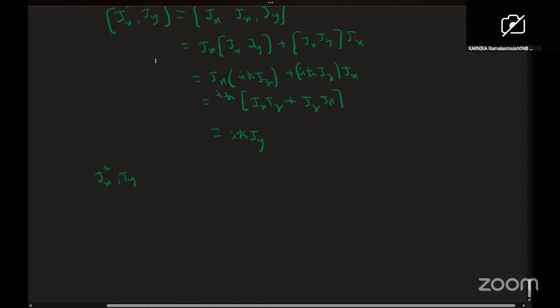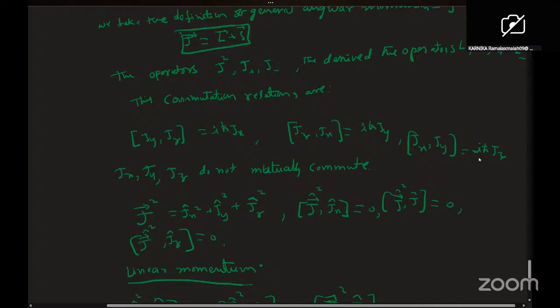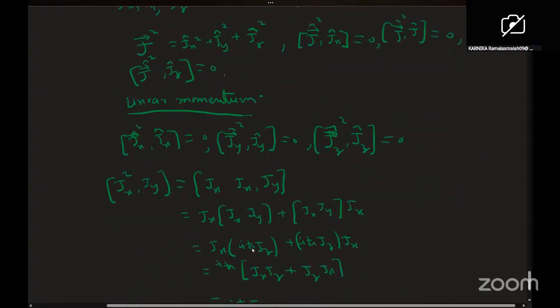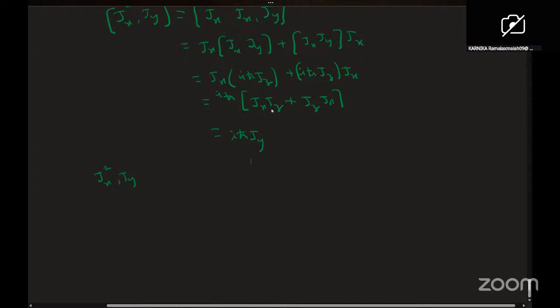Okay. So three concept value mean here Jx square value Jy. Here Jx square value you write this: Jx comma Jx into Jx comma Jy. So here both Jx values are multiplied on both sides: Jx comma into Jx into Jy value plus Jx Jy into Jx. So totally Jx to Jy value, which value there? This value is substituted in this equation. After that you take the common value: iħ is common.